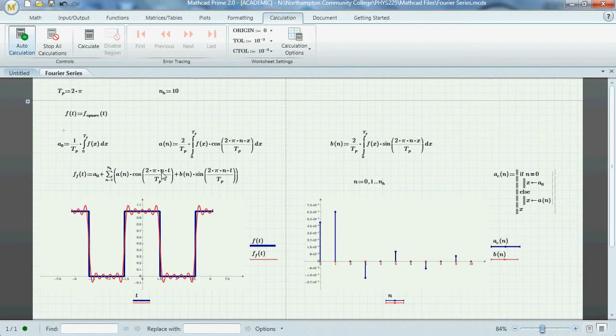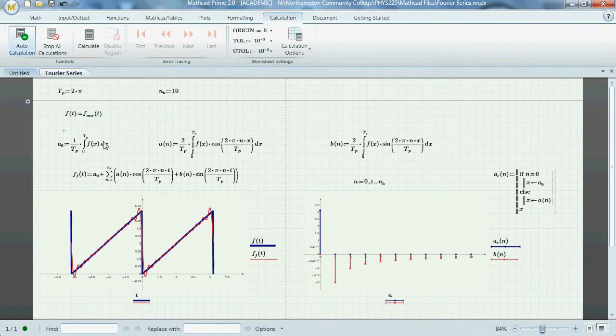You see these overshoots. Another waveform is called the saw. It is also a discontinuous function, but it's a slope function or a slant. And again, at the discontinuities, you see the Gibbs effect at both the top and the bottom. And the coefficients in this case are all sine values. There are no cosine values.